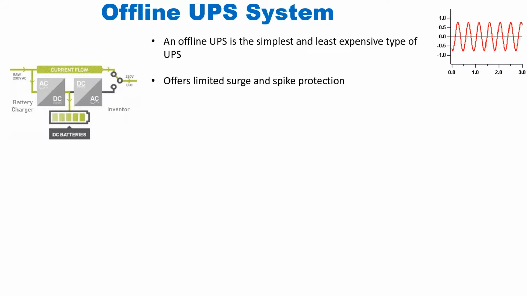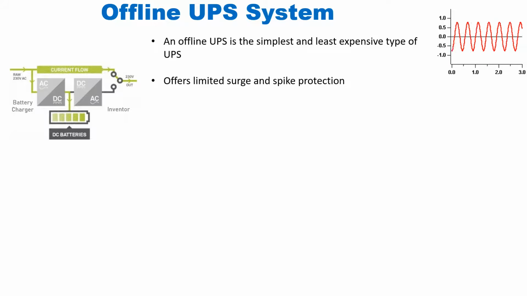Then you have the two circuits that you have. You have the AC to DC, which is actually charging the battery, and the DC to AC, which supplies power if there's a power outage. Now, the AC circuit is fed directly to the load, and a feed charges the battery by a charger.